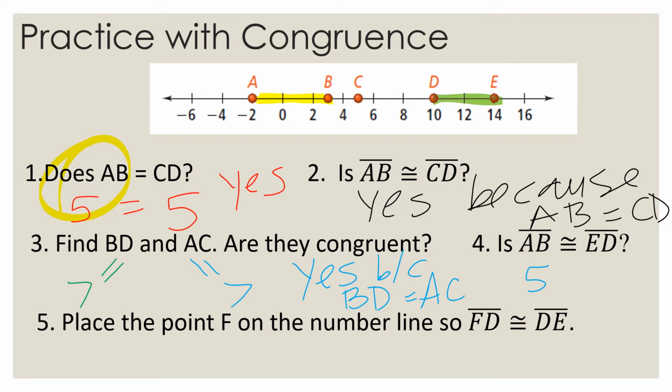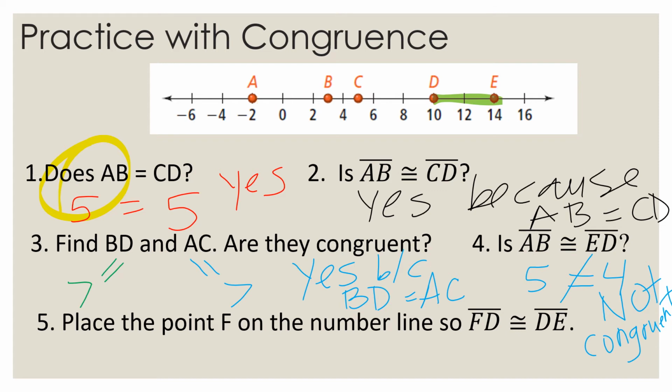So that means I'm going 4 units in between. Does 5 equal 4? No, it does not, so these cannot be congruent. They have to have the same distance or measure for the line segments in order to be congruent.